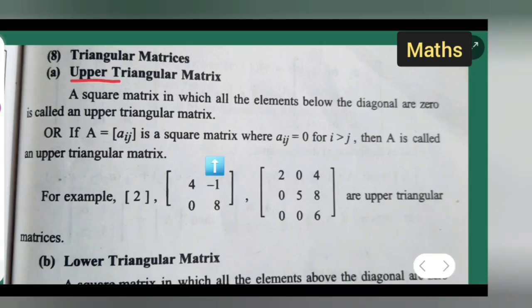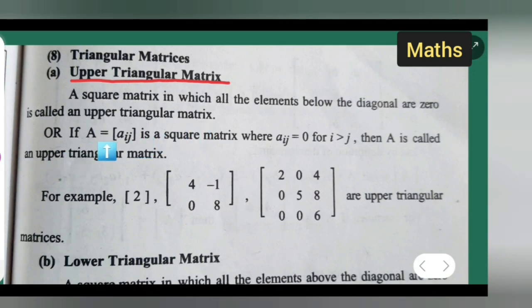You can take down this upper triangular matrix first. So we are discussing triangular matrices. The first one is the upper triangular matrix. A square matrix in which all the elements below the diagonal are zeros is called an upper triangular matrix.